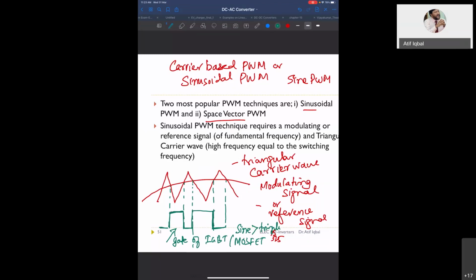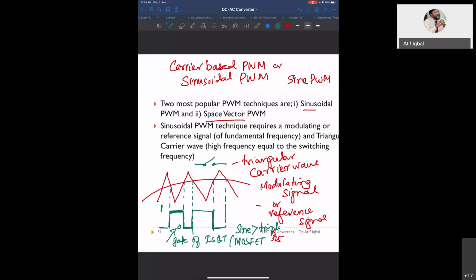The switch will be on when it gets the high signal, and off when it gets the low signal. High signal means level 1, zero signal means low level. So when it is high level, the switch will be on, and when it is low level, the switch will be off. So there will be fast switching.